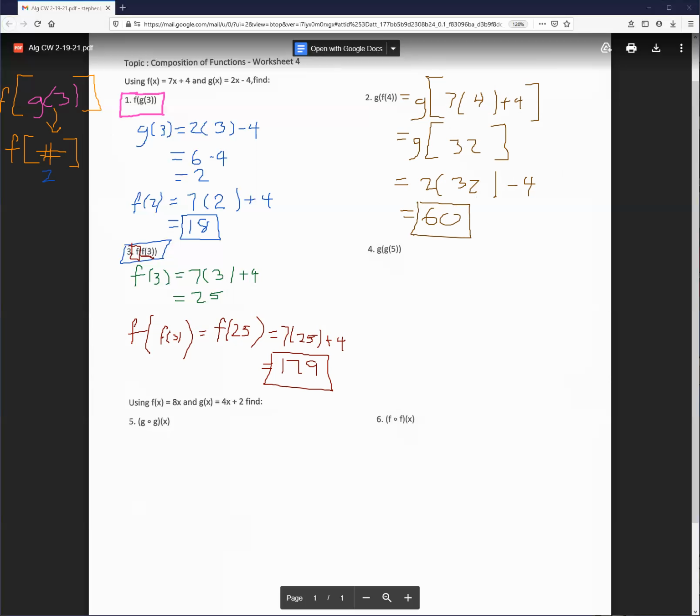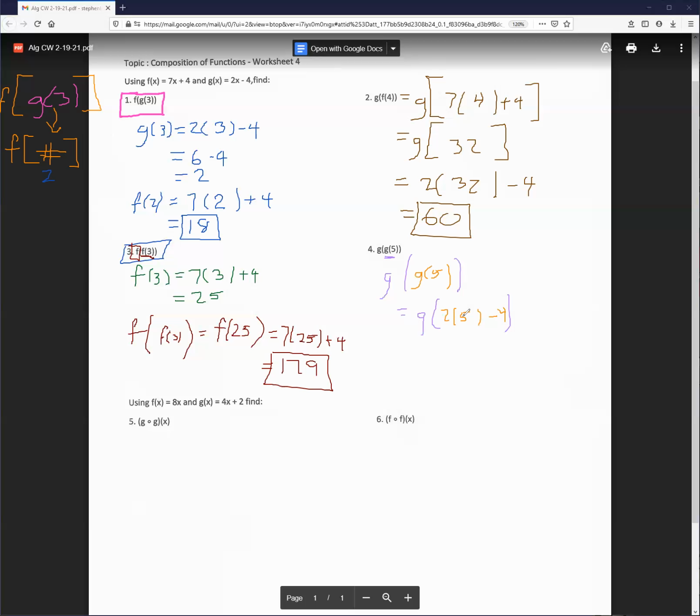I'll do one more and then I want to pause and talk about something that occurs to me we might want to address here. So g of g of 5. We'll use colors here just to help emphasize. Well, g of 5 is 2 times stuff minus 4, and the stuff happens to be a 5.